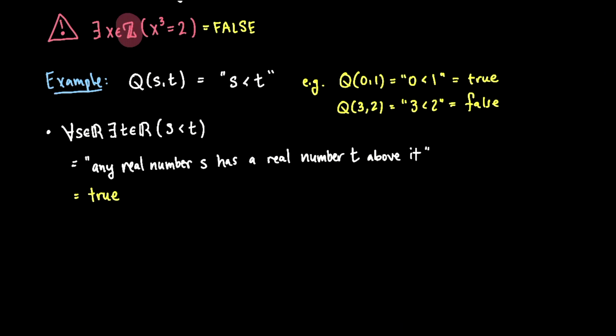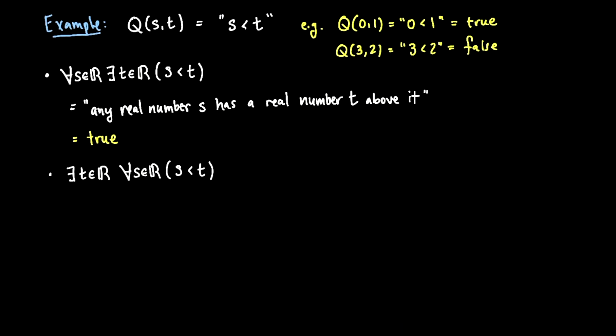Okay? Let's quantify it a different way. Actually, let's take the same thing almost, except let's just rearrange the quantifiers. Let's quantify t first. Say there exists a t such that for all s, s is less than t. Now you look at this statement and say, okay, is that true or false? Let's try writing it in English again.